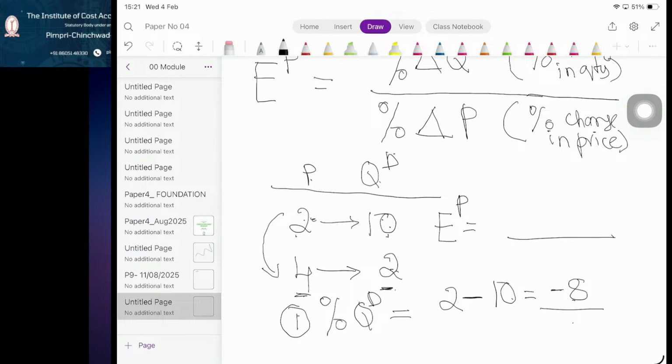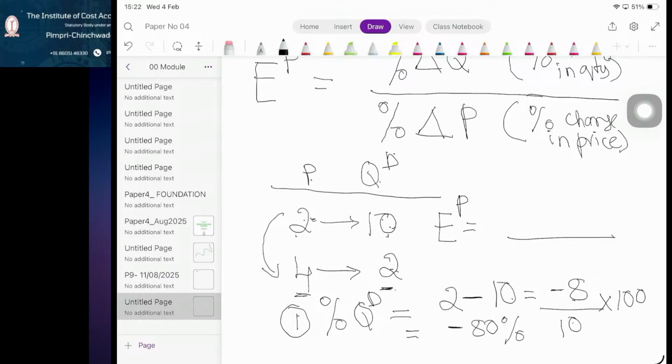Quantity demanded being sold was 10. One way of calculating this would be to take 10 and calculate the percentage change. How much will this be? Correct. So it would be minus 80%.